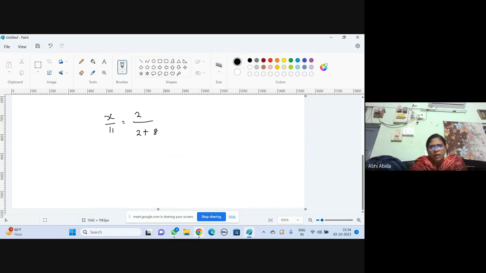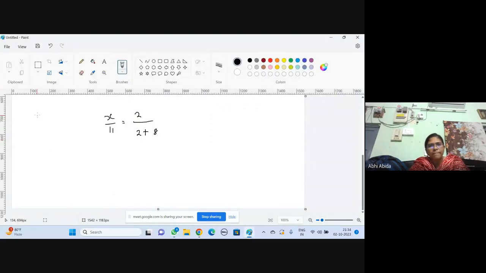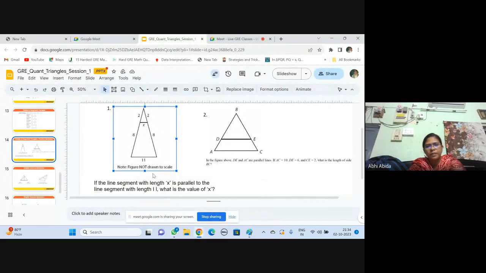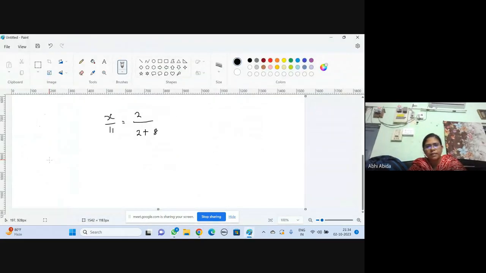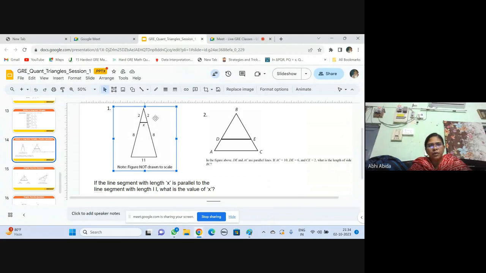I'll show you how it is 2 plus 8. You can see one big triangle and one small triangle which is inscribed in the big triangle.